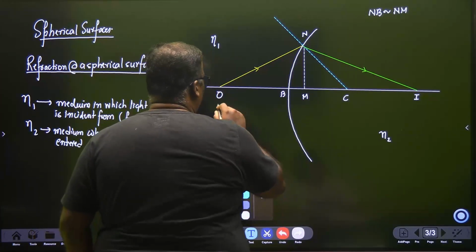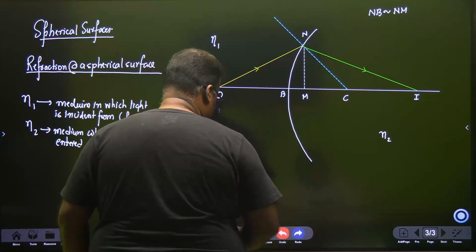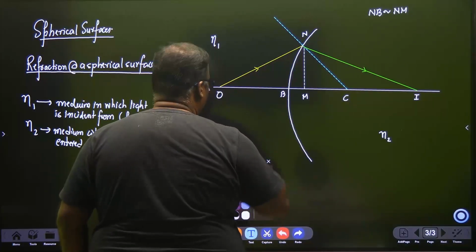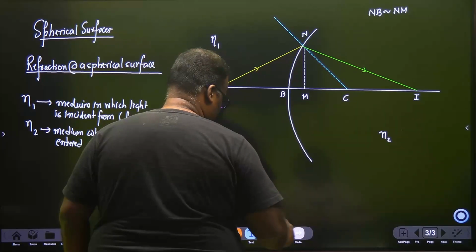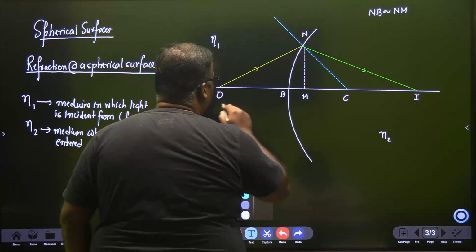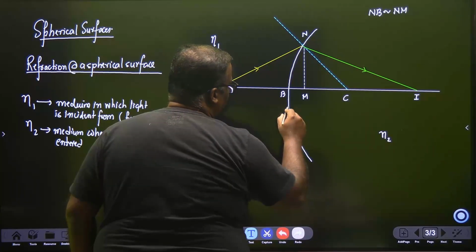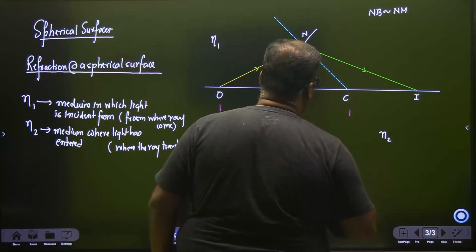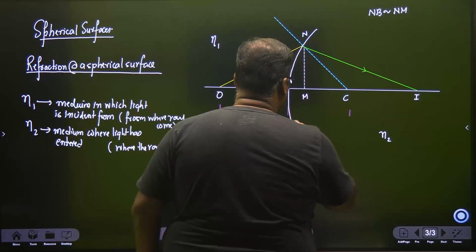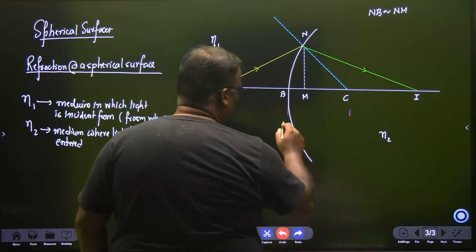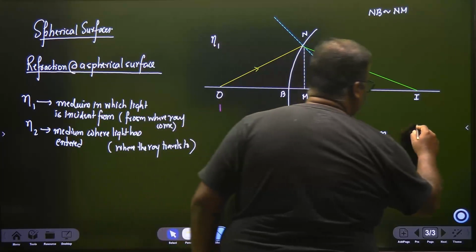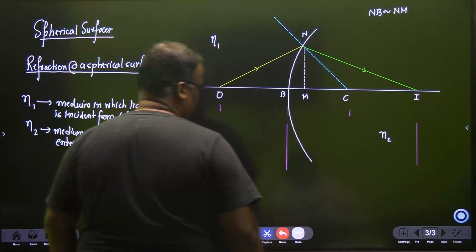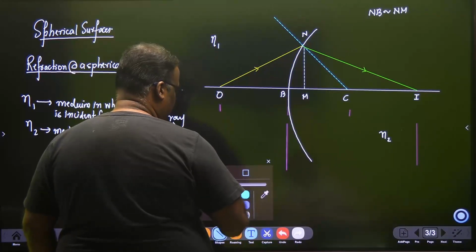Obviously you will need some object distance in everything. So first mark what your object distance is. From here to here is your object distance. This is your radius of curvature. And if I extend it further, from this to this would be your image distance. Shall we mark them?